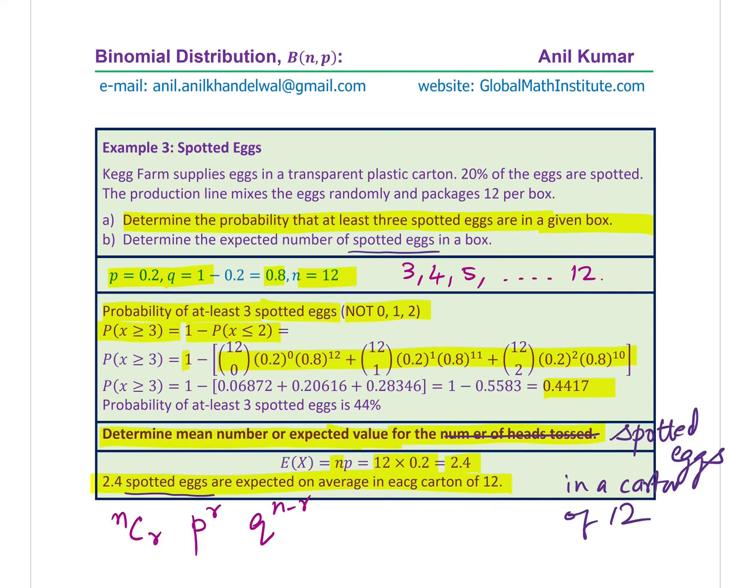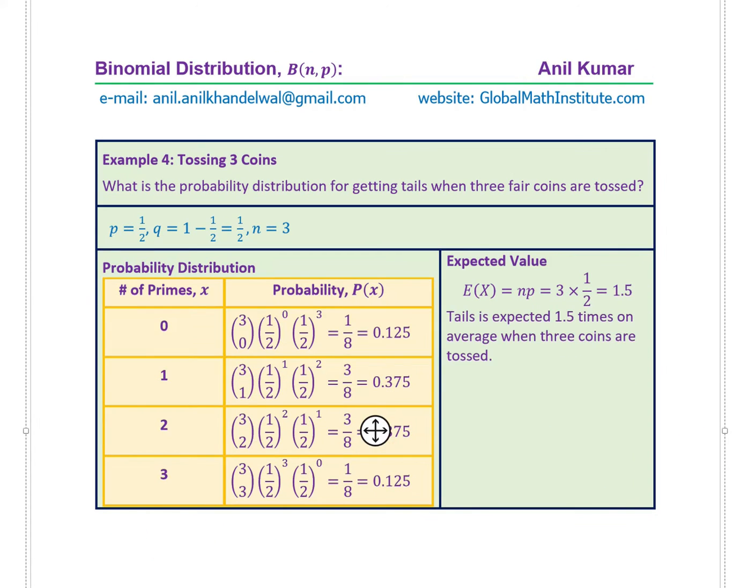Correct. Let's take the next example, which is example 4, tossing three coins. What is the probability distribution for getting tails when three fair coins are tossed? As you know, the probability for getting heads or tails is half.